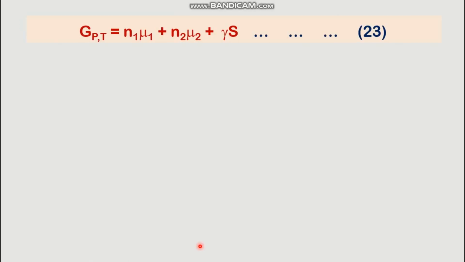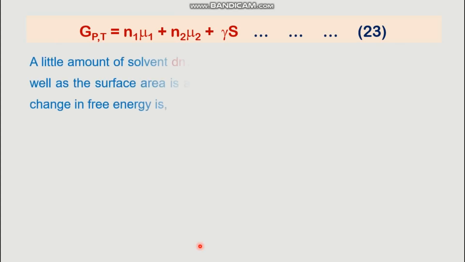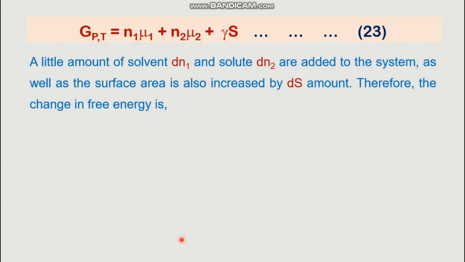So we carry forward this equation number 23 in the next slide, and if a little amount of solvent dN1 is introduced to the system, or if dN2 amount of solute is added to the system, as well as the surface area was also increased by small amount ds.